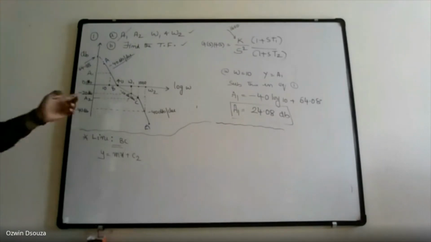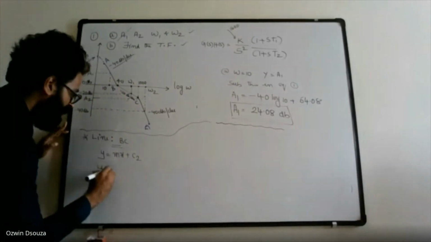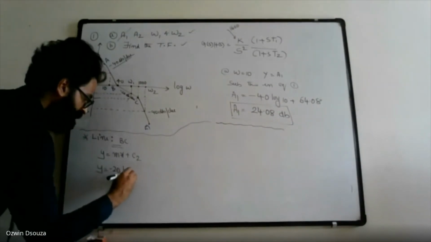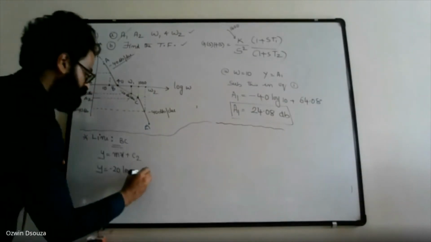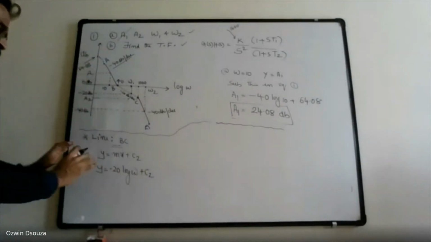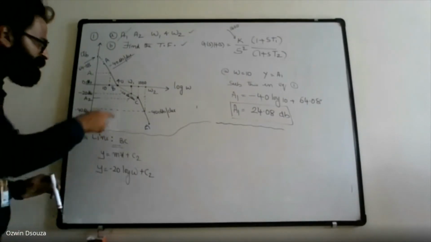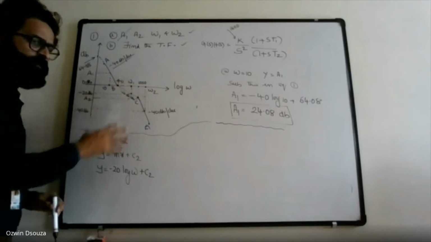Now what do we have in line BC? So we have y is equal to slope as minus 20 and x as log omega, right? Logarithmic scale plus c2. Right, so this is the general equation for line BC. Now what you have to do is just observe line BC and substitute different point values there.